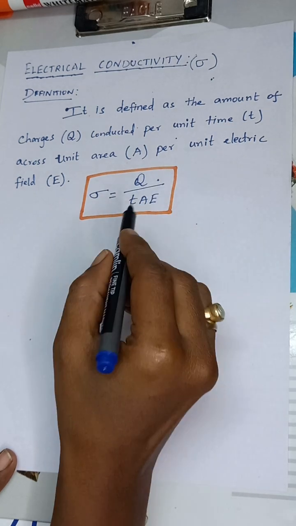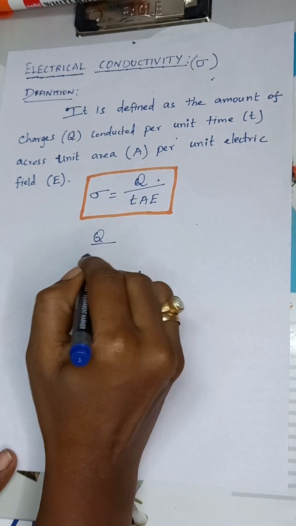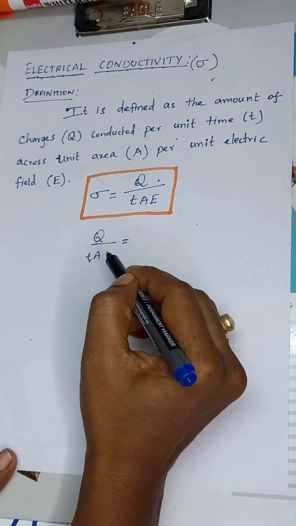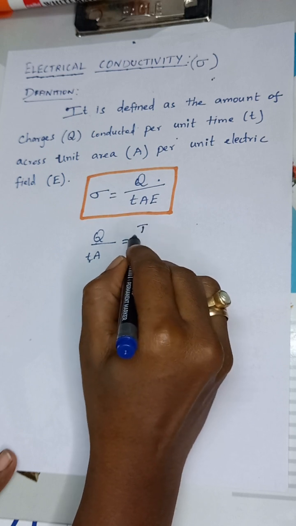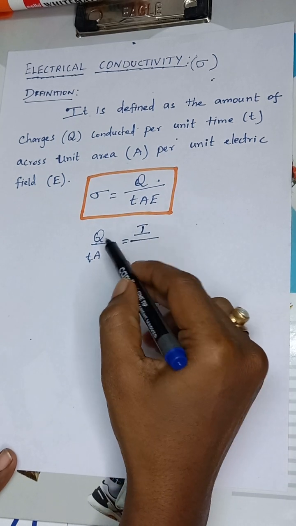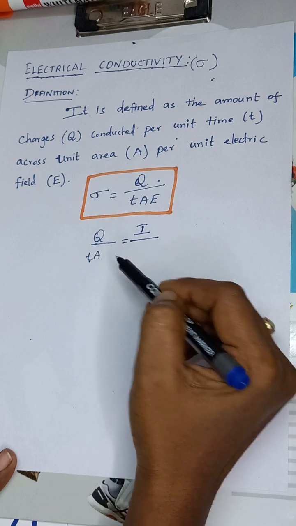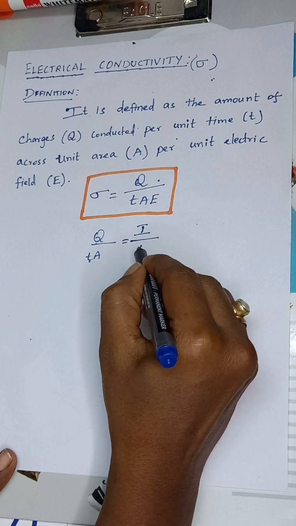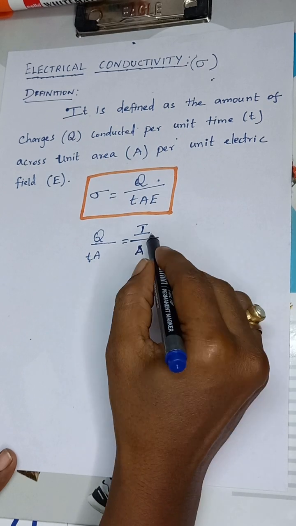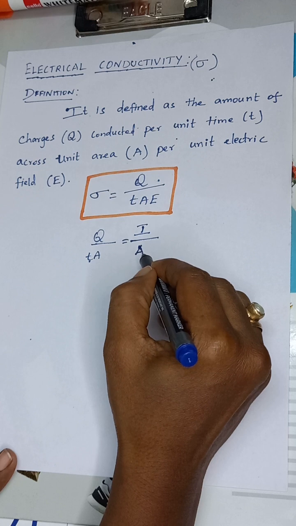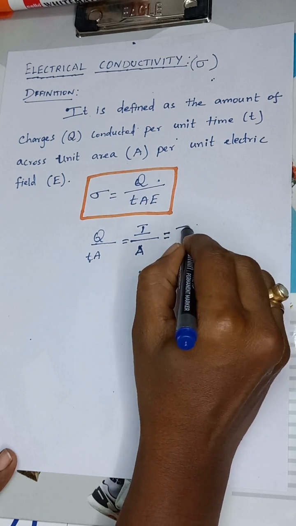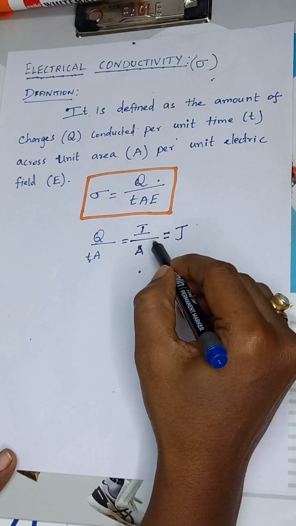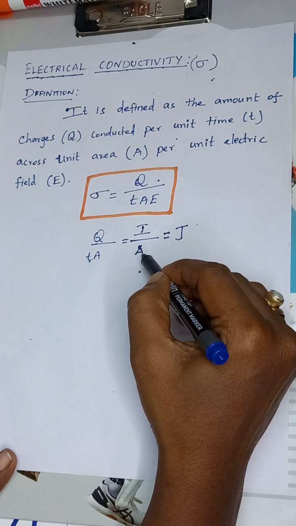We know that Q by T is the current, by definition of current, charge per unit time, which is defined as the current I. The current divided by area is equal to current density J. Current density is defined as the current per unit area.